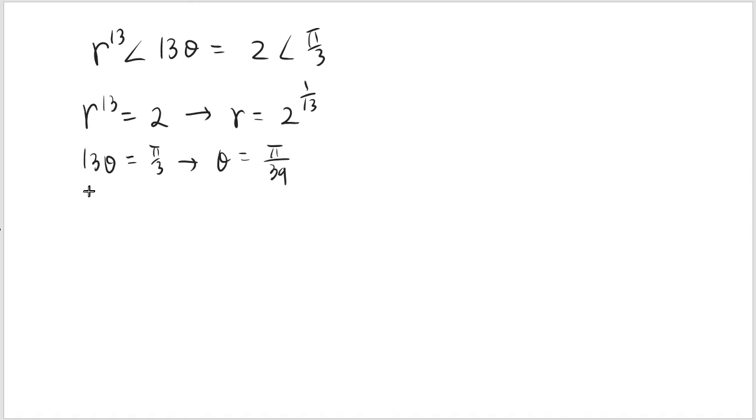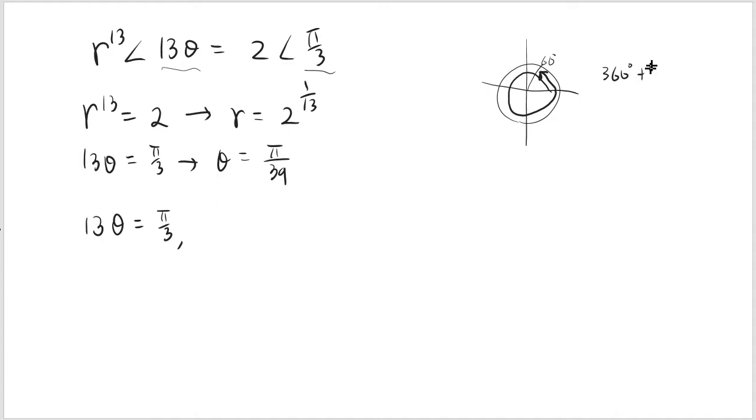Therefore, you have to think about all the other possibilities, and to do that you come up with all the coterminal angles of pi over 3. These two angles don't have to be the same in order to be the same number on the complex plane. They just have to be coterminal angles, meaning that here's 60 degrees, but you could also have another one that goes 360 and then beyond that to give you 60, which is 360 plus 60, which is 420 degrees.